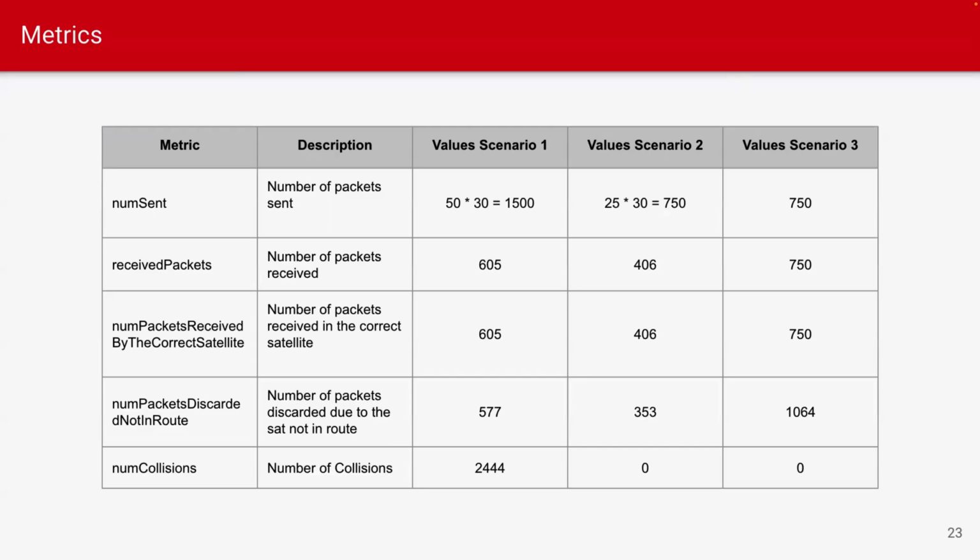The second metric is the number of packets received by the destination. We also have the number of packets received by the correct satellite calculated from the routing algorithm, the number of packets discarded due to the satellite not belonging to the route, and finally the number of collisions.